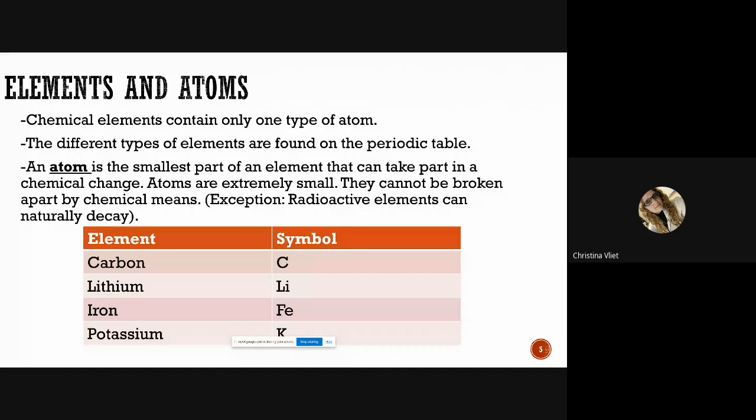All right, review time. Some things you should know. Turn your page. In order to be called an element, there can only be one type of atom. If there's more than one type of atom, you've got a compound. How can you tell the difference if you're looking at a chemical formula that you have an element or a compound? What are you looking for? Number of elements. Capital letters.